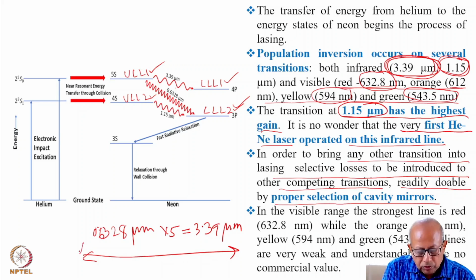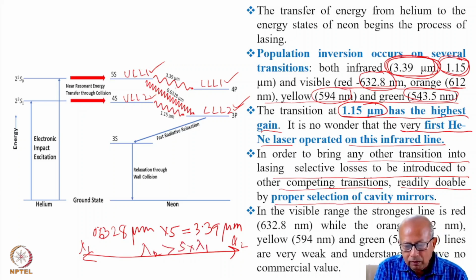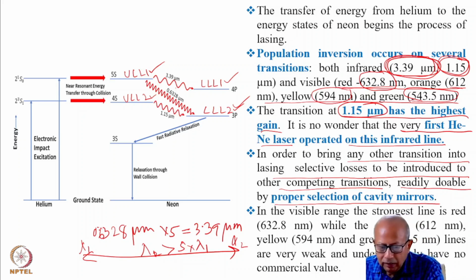That is, the shortest one and longest one differ by lambda 2 being more than even 5 times lambda 1. That is why the wavelengths are selected here by selectively introducing loss simply by using cavity mirrors of appropriate transmission loss.